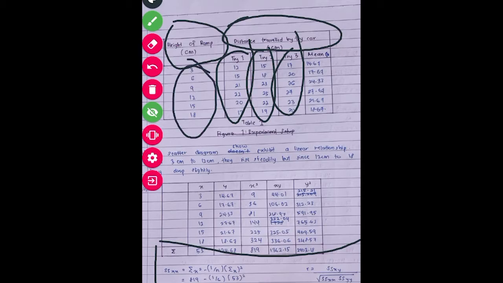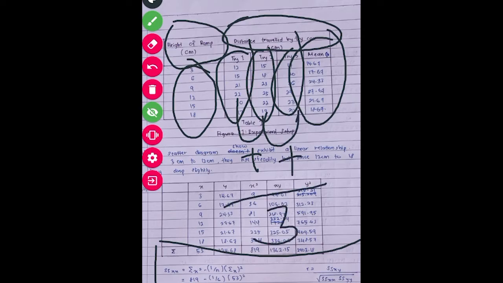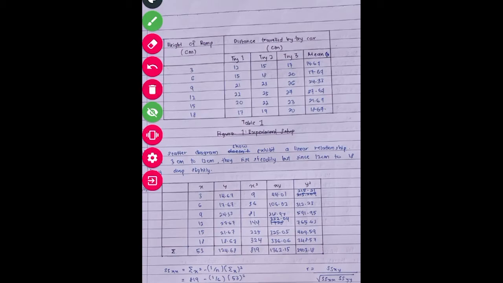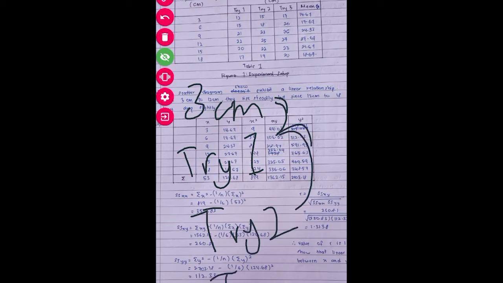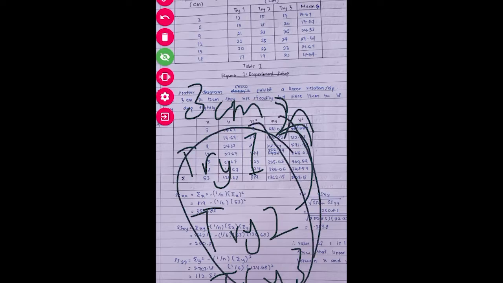Okay, this is the value of height, and this mean we get from the total of try 1 plus try 2 plus try 3 divided by 3, because there are 3 trials. So this is for each height, for example the mean for 3 cm: try 1 at 3 cm, try 2 at 3 cm, and try 3 at 3 cm are totaled, and all of these values are divided by 3 trials.